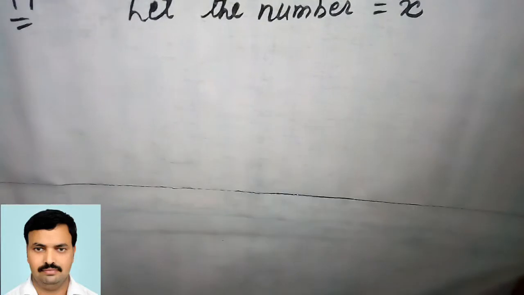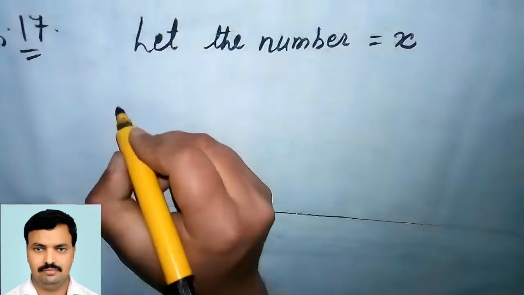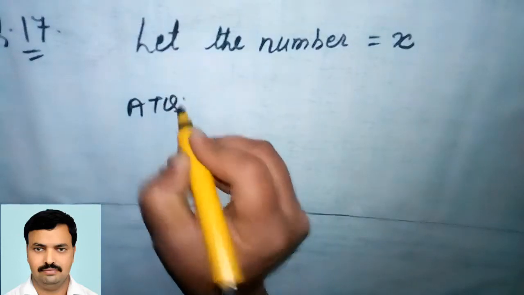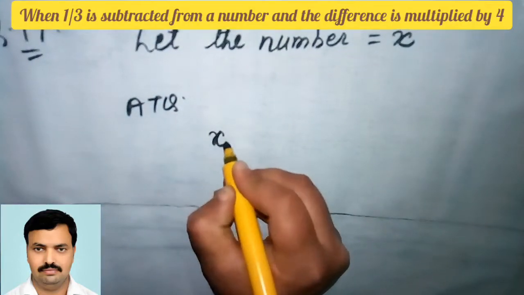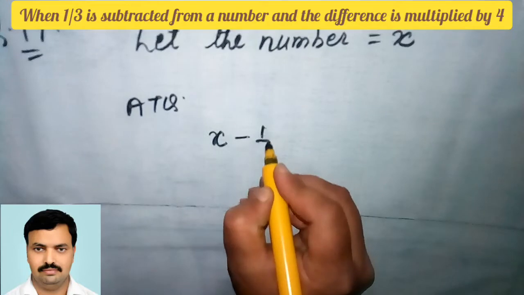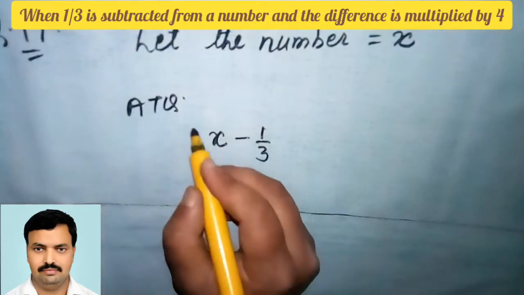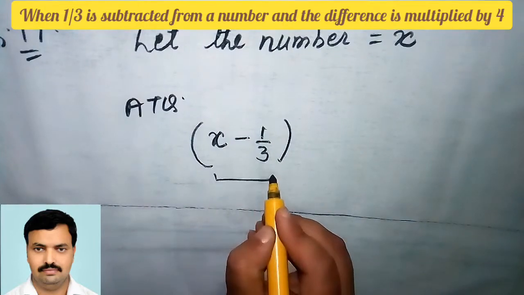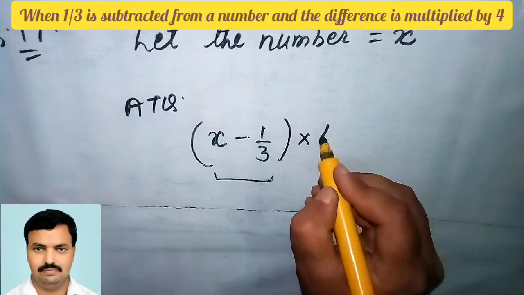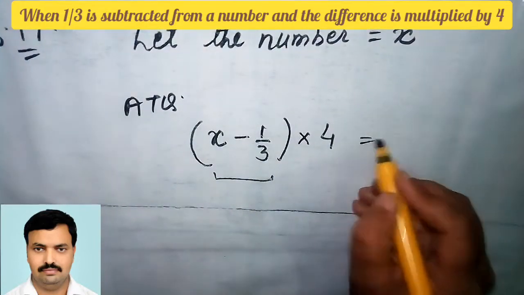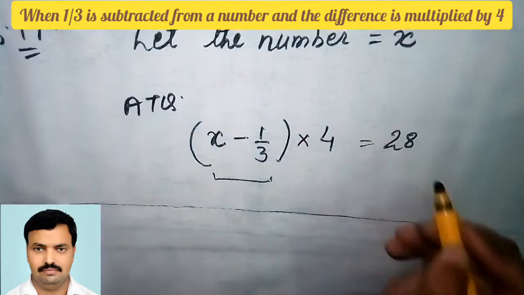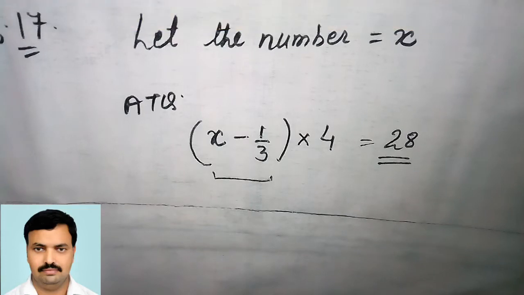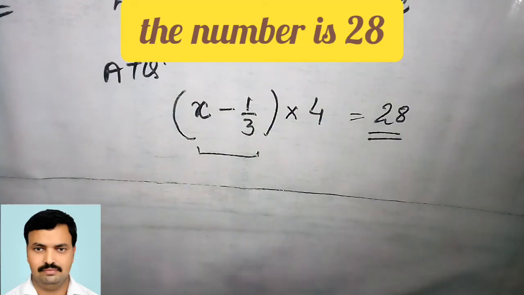And now directly I am going according to the question. What does the question say? According to the question, if 1 by 3 is subtracted from x, so what will come? x minus 1 upon 3, and the difference is multiplied by 4, means x minus 1 upon 3 whole multiplied by 4 will be equal to 28.